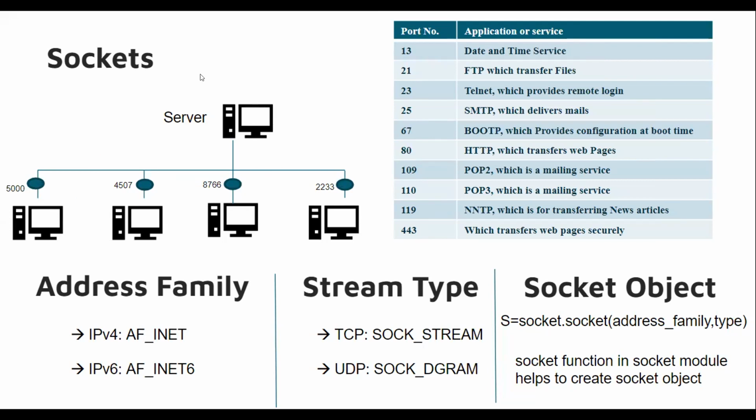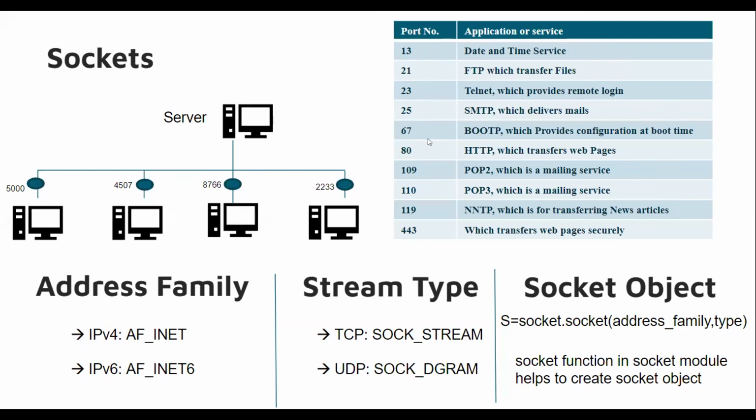Okay, so when I come to the networking part, we understood what a port number is. A note of caution: you cannot use port numbers from 0 to 1023 in your program. Why? Because these ports are already reserved. For example, port number 21 is already reserved for the FTP protocol, 23 is reserved for Telnet, and 25 for SMTP.